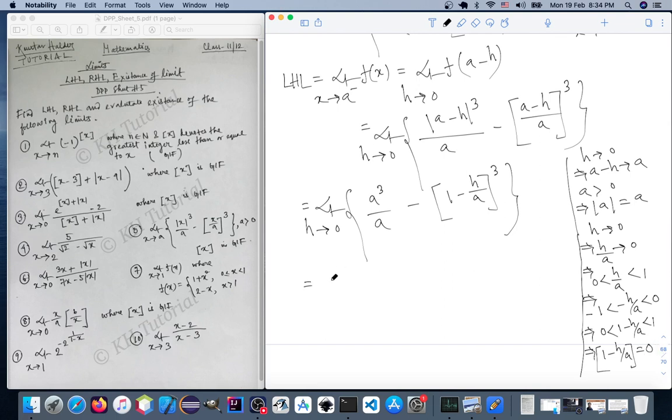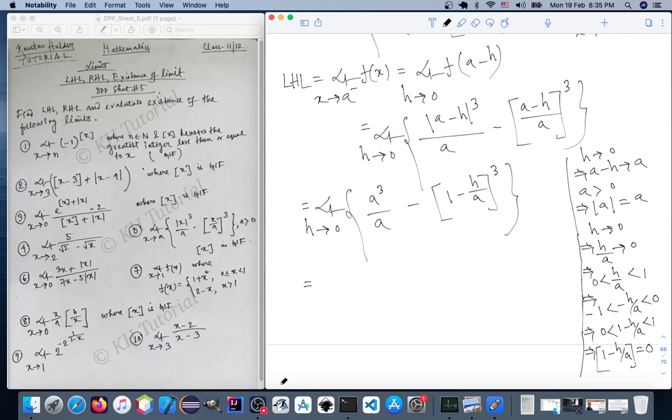Let me check: h tending to 0 means h by a is tending to 0, greater than 0, less than 1.